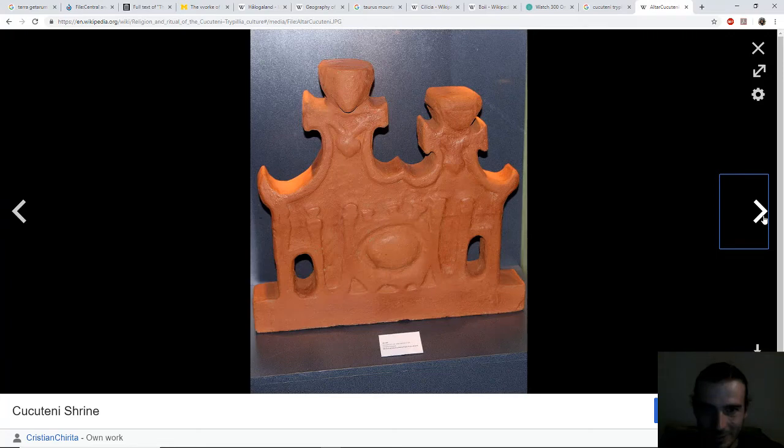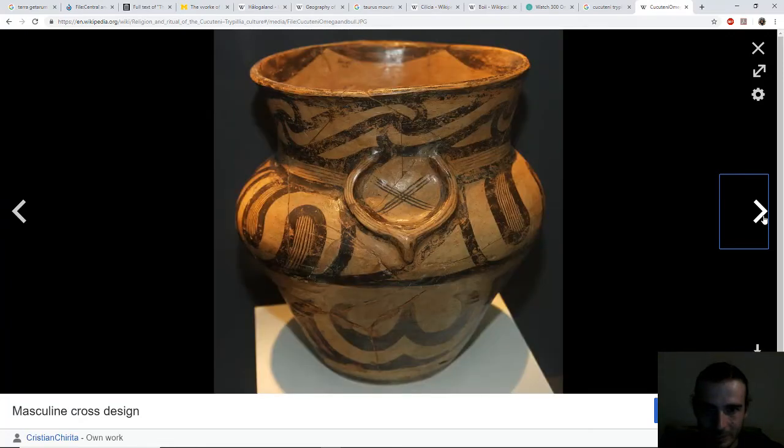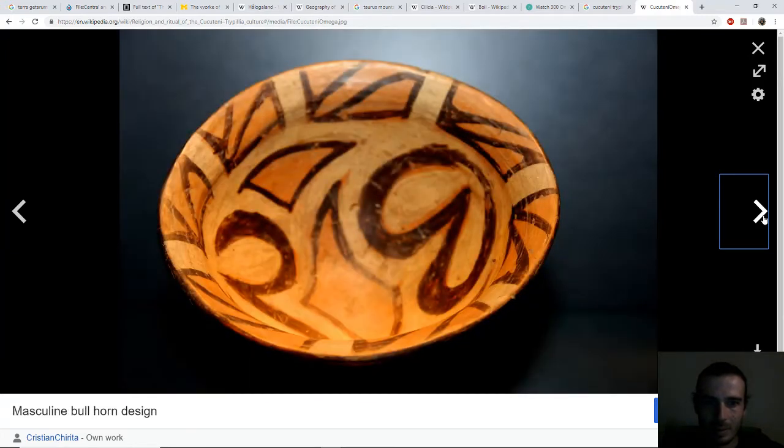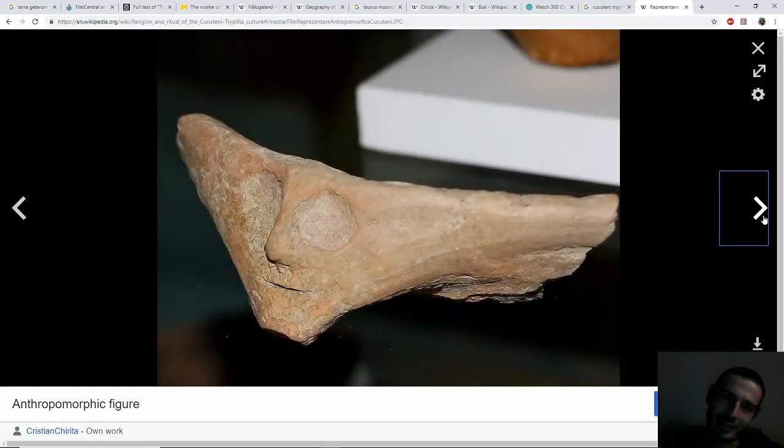Interesting. Bullhorn design. Now what makes this bullhorn design? Anthropomorphic figure. That is trippy.